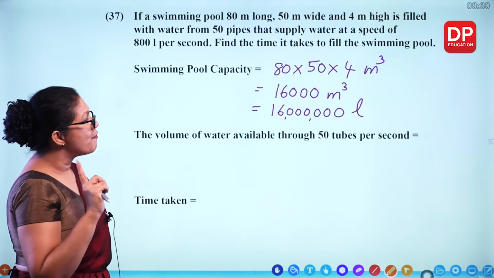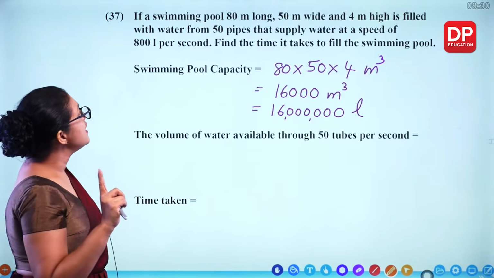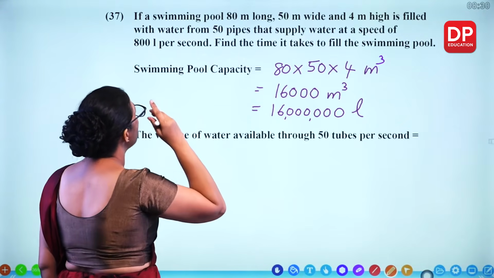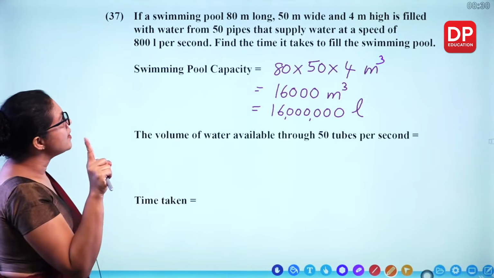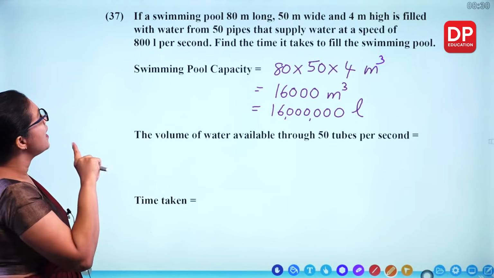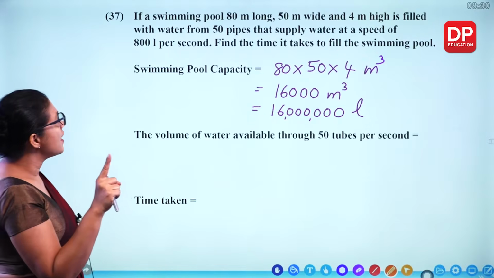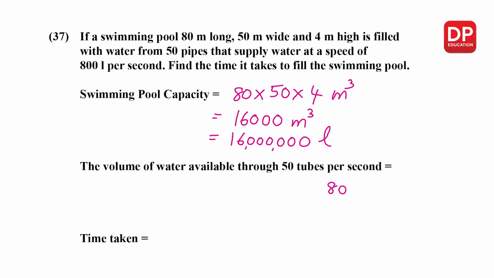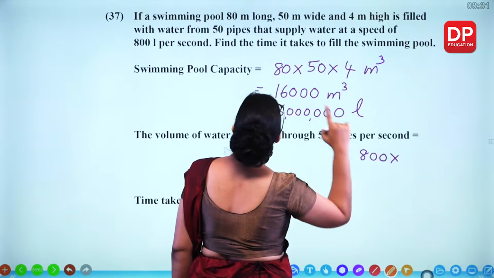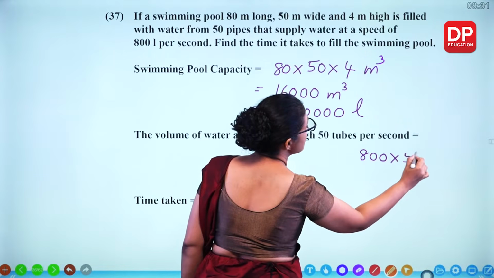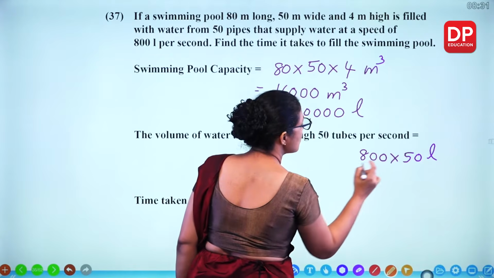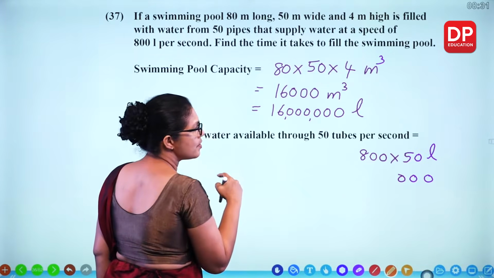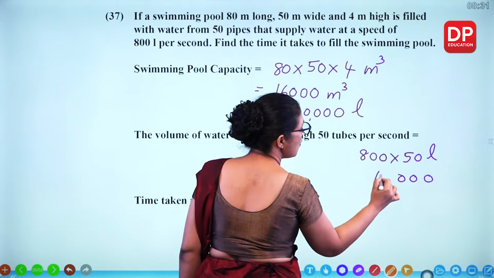So 50 tubes per second means you have to multiply this by 50. 800 from one pipe, and for 50 pipes 800 times 50. That's in liters. So what's the value? 3 zeros and 8 times 5, 40.